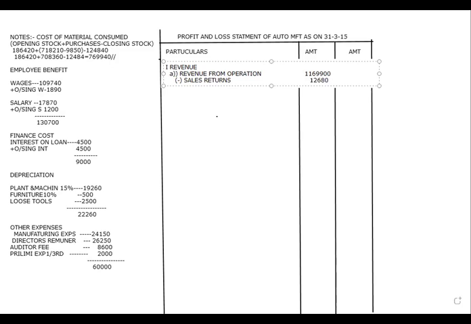So when we minused, we got how much? We got 11,57,220. So this we call it as total of revenues.